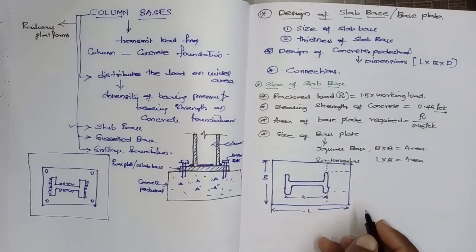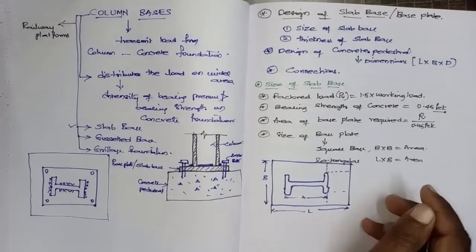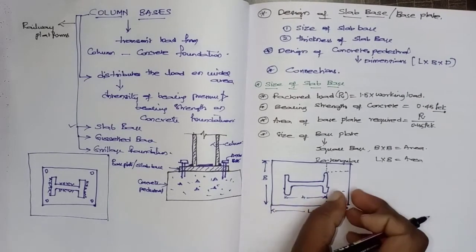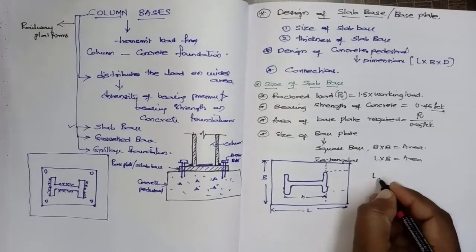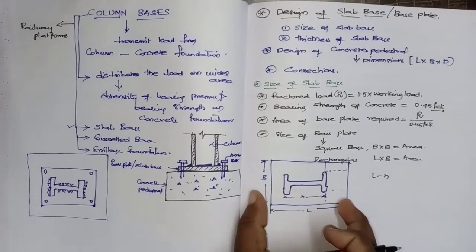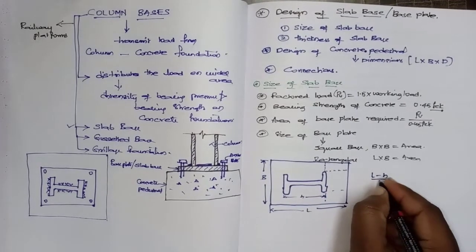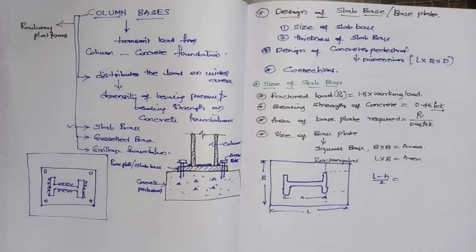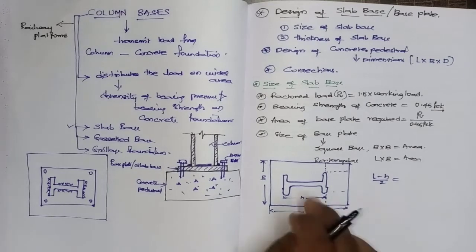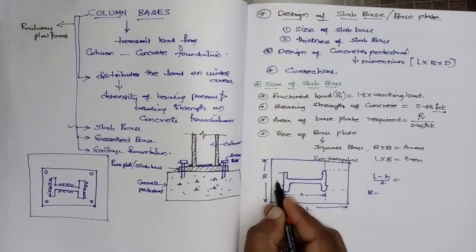Now, first I have to calculate the difference. I want L minus H, so L minus H by 2 gives this projection on the two sides. You will get some value. Next, B minus BF by 2, where BF is the width of flange.